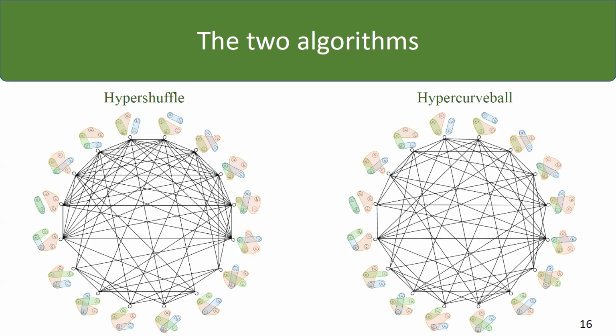Otherwise, the algorithm didn't do what it's supposed to do. And this is what we call, in Markov chain terms, the mixing time. So how many steps of the Markov chain do you need to perform in order to approximately reach the stationary distribution? That's the question. And this is actually different for these two algorithms.